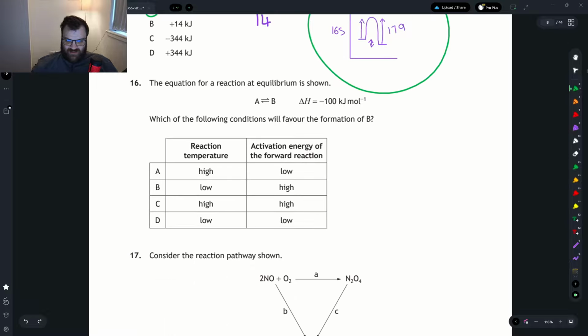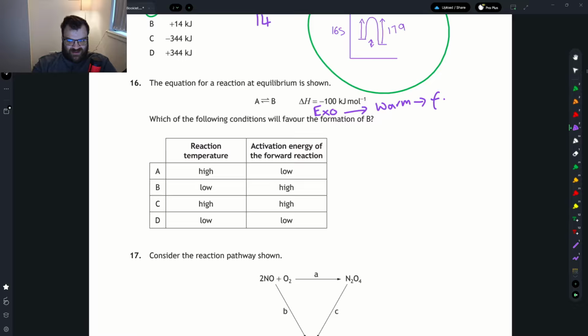Next up, we're asked about equilibrium, and we are told about the enthalpy change for the forward reaction. So the enthalpy change for the forward reaction is exothermic, leading in nicely from the question before. Nicely if you know it, not nicely if you don't know it. Exothermic reactions release heat to the surroundings and they warm the surroundings.